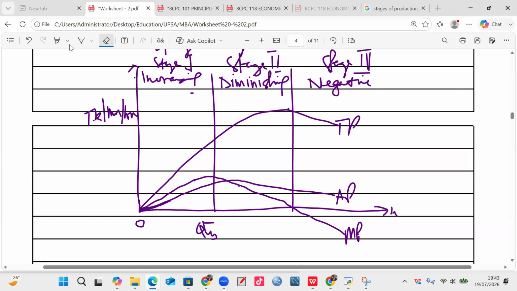Because I'm able to determine their names based on the movement of the marginal product curve. So increasing returns, diminishing returns, and negative returns. Because I'm able to examine the movement, here I can put it as output, and I can put it as the labor.